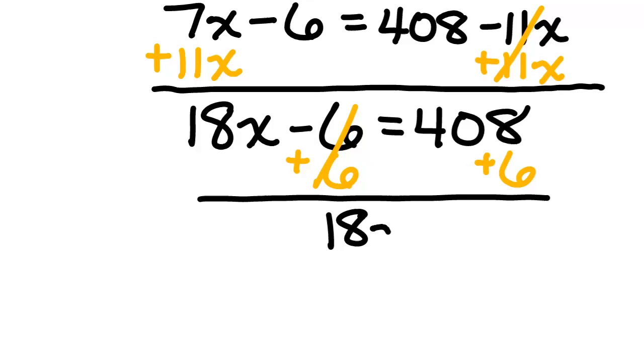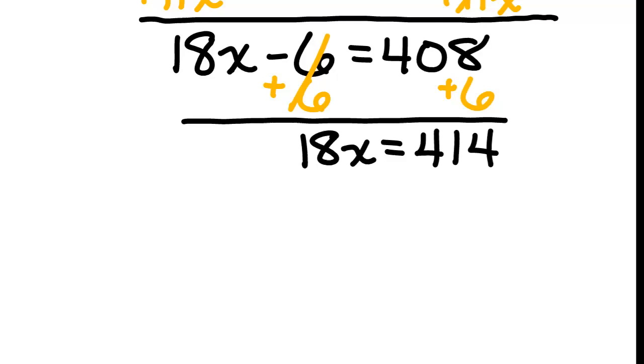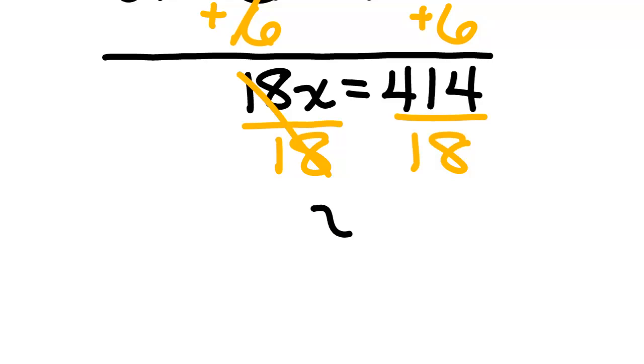So I have 18x equals 414. What now? Divide both sides by 18. What are we using? Division property of equality. And x is how big? 23. There's one of the things they asked me to find.